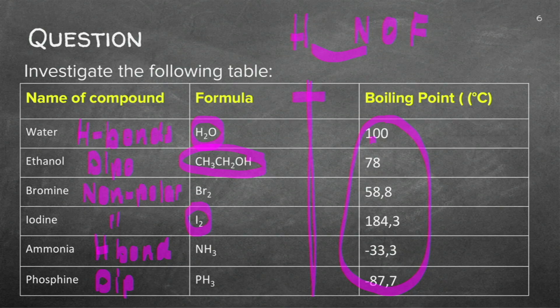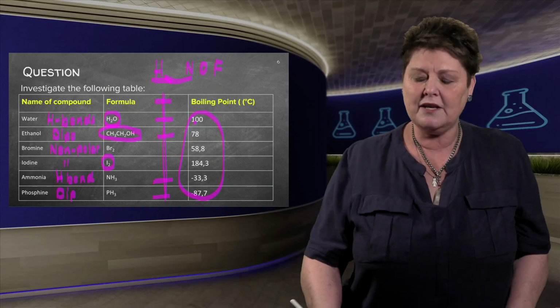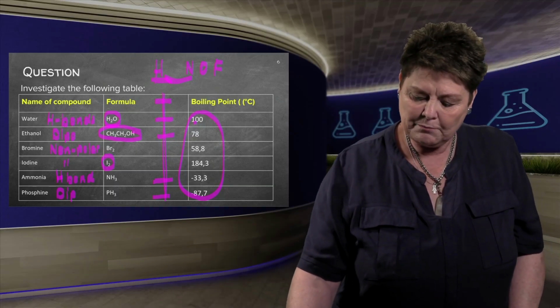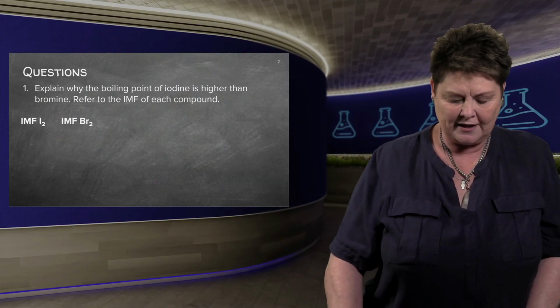At 78, which is below that, I've got ethanol boiling. Bromine at 58.8. Iodine at 148, it's way up there. Then minus 33 and minus 87. So just conceptualize, and I always try to visualize that by drawing exactly what I did just now. But we'll answer the question and you'll see how we're going to do that.